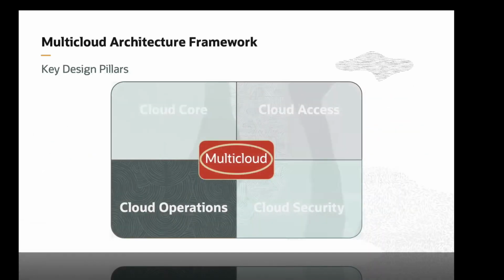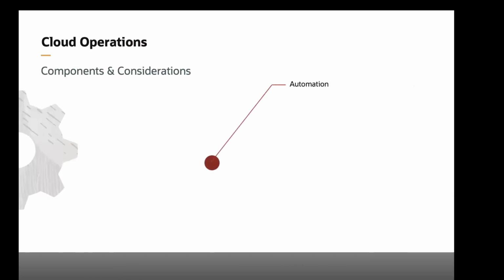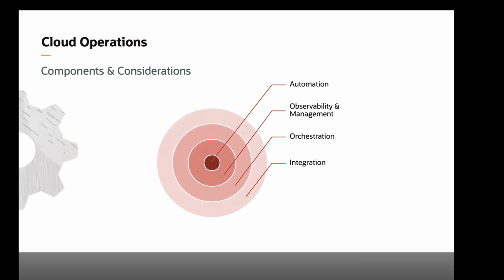We will now look into cloud operations. In the multi-cloud architecture framework, cloud operations addresses the need for consideration when choosing the right central operations platform. Having the ability to operate and manage multiple cloud service providers not only saves on operational costs, but also provides great architecture flexibility for future multi-cloud solutions.